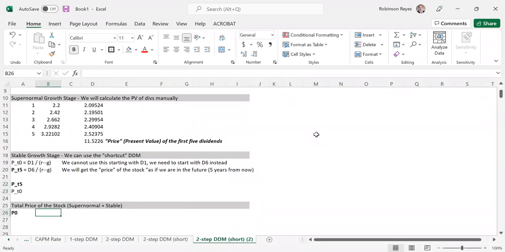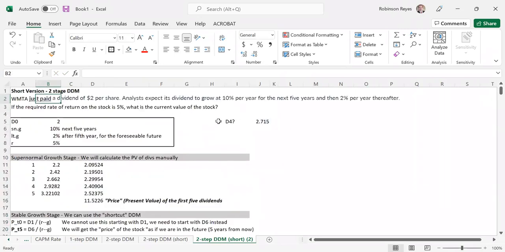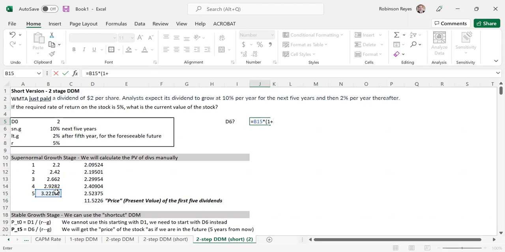Let me erase what we had before so we can work with this again. Okay, so we need D6. So what is D6? D6 will be equal to D5, which is the last dividend that grew at the 10% rate, and then we will have D5 growing at the stable growth rate, which is the 2%, 1 plus that 2%.